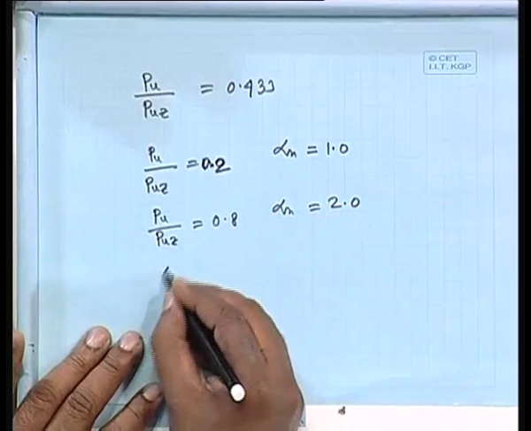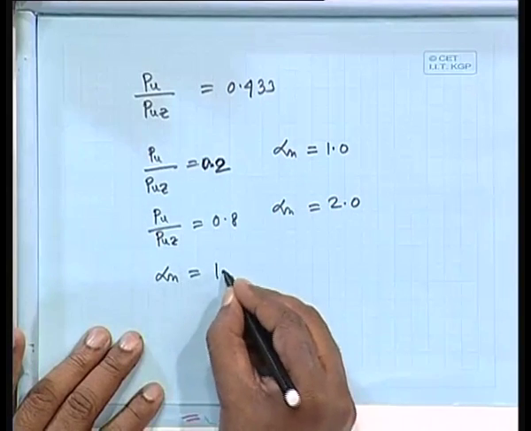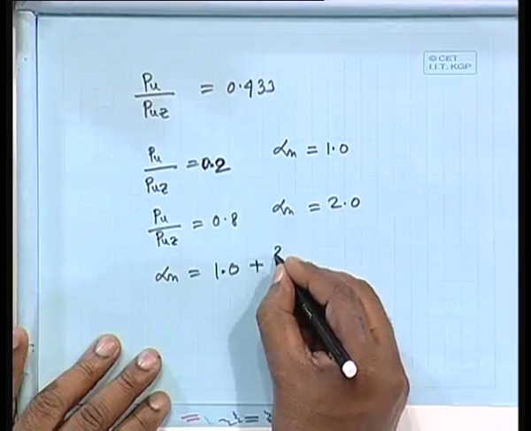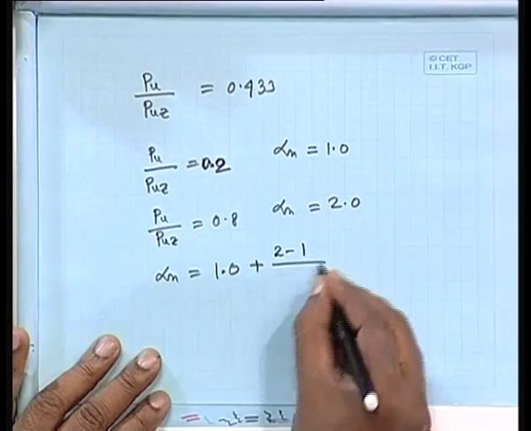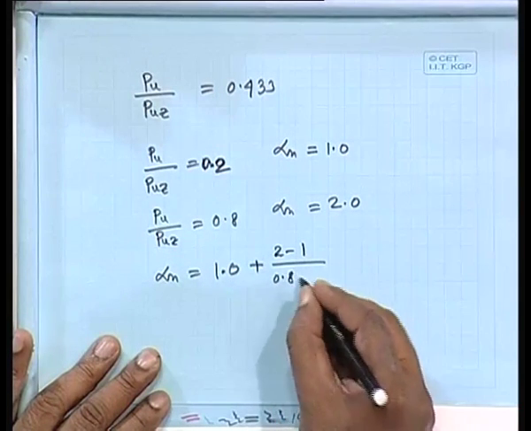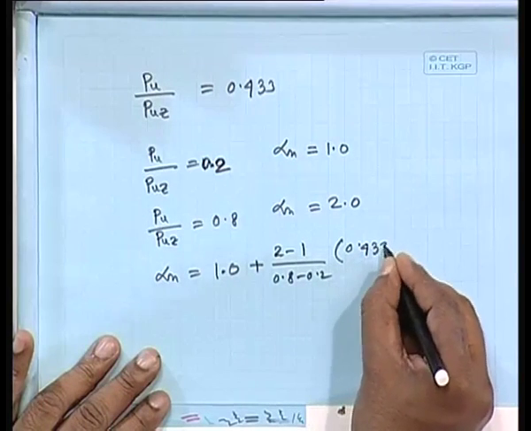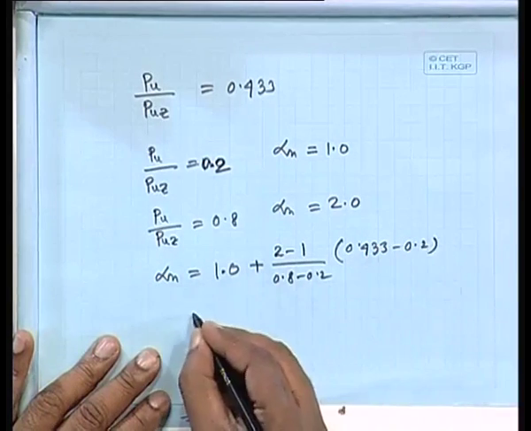So alpha n equal to 1.0 plus (2.0 minus 1.0) times (0.433 minus 0.2).